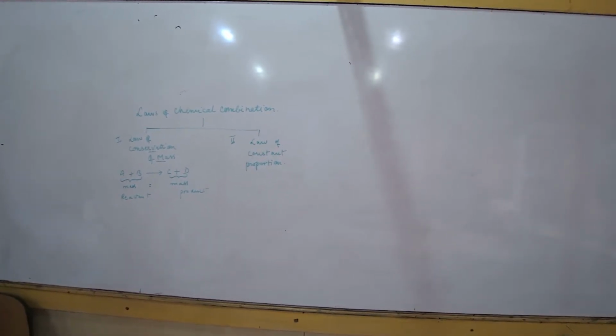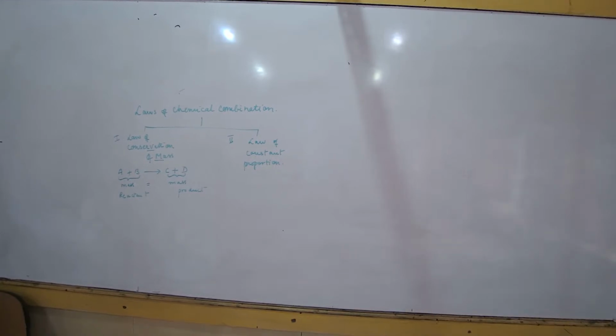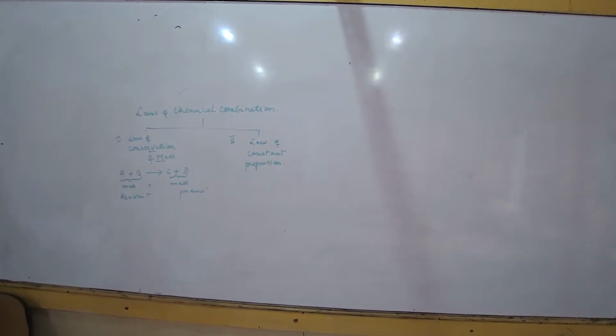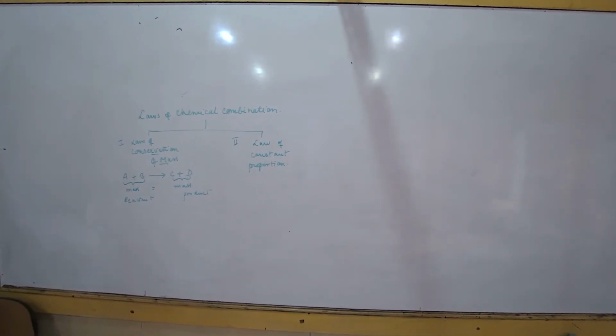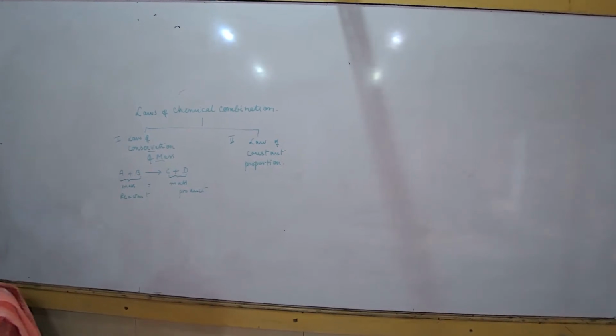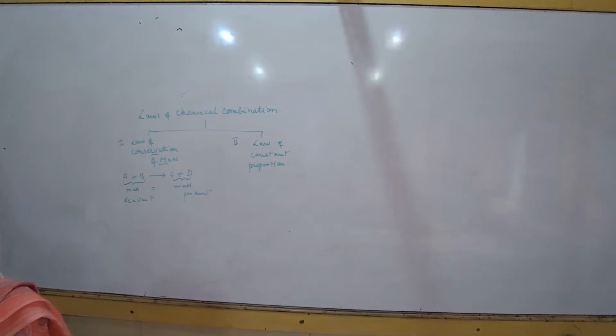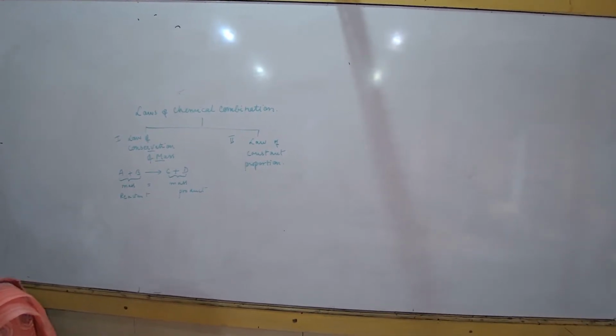Now look at the second law, the law of constant proportion. What does it mean? Proportion is constant. If you are talking about the proportion of any particular compound, the proportion of the different elements is constant, whatever method you use to prepare it.